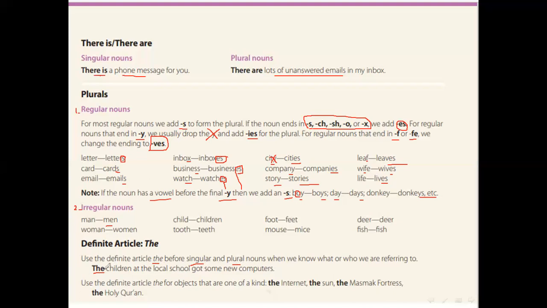So we use the. We also use the definite article the for objects that are one of a kind. For example, the internet, the sun, the Masmak Fortress, the Holy Quran, the moon. Okay, do you understand, my dear students?